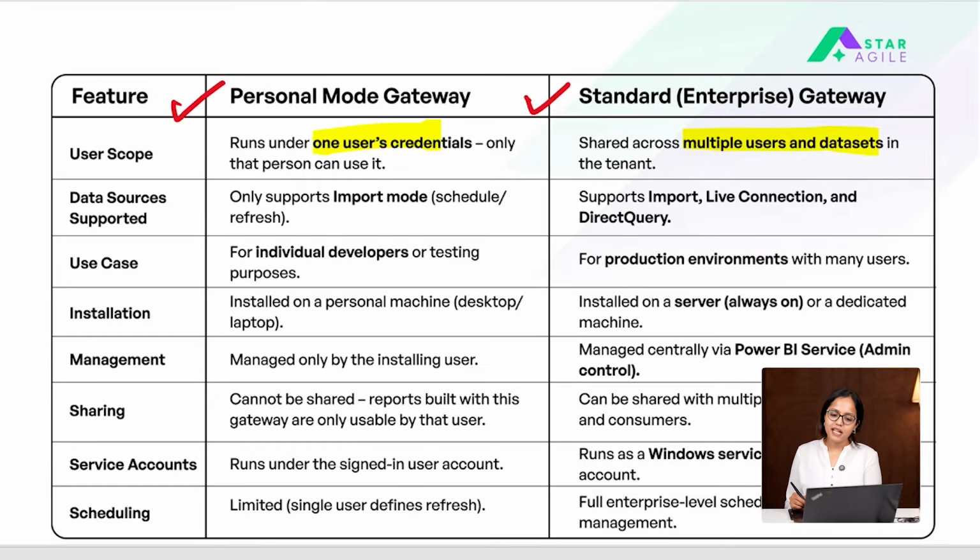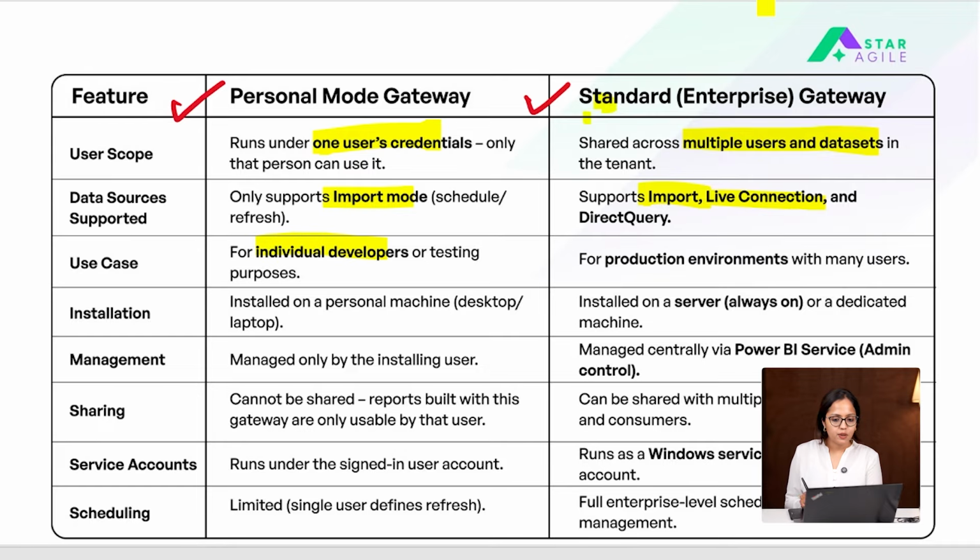So at an enterprise level, standard is preferred, okay? Your personal mode gateway is more for single-use purposes. If you're the only person responsible for handling the reports, you can go ahead and use this. It only supports the import mode. What we just did by importing the data set is the import mode. But with standard, if you have any live connection, if you're directly querying the database, those are the places where you can actually go ahead and install this, okay?